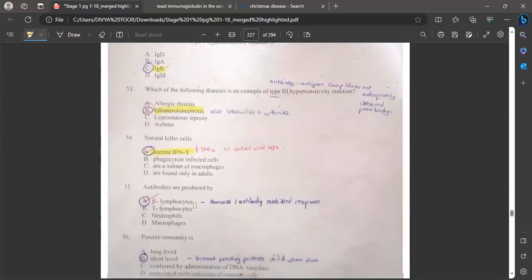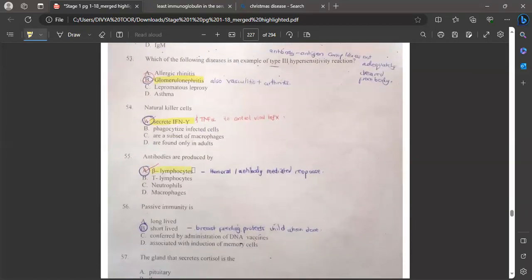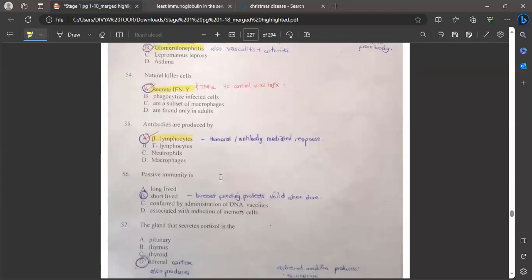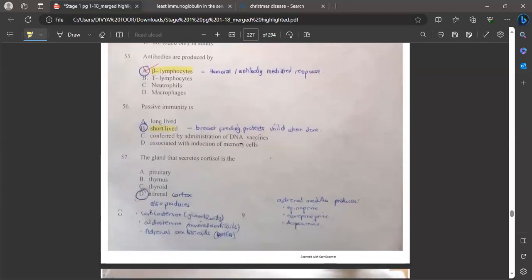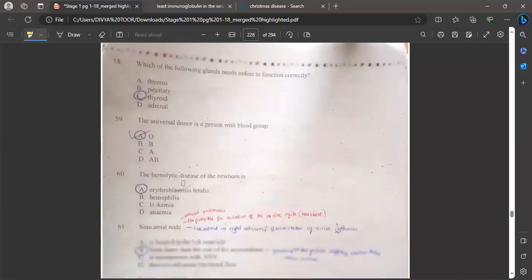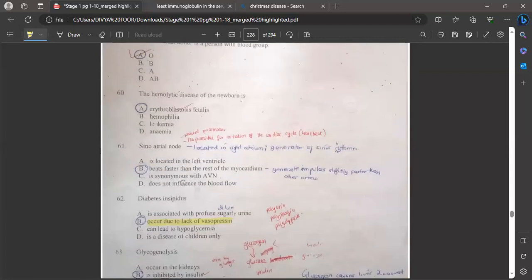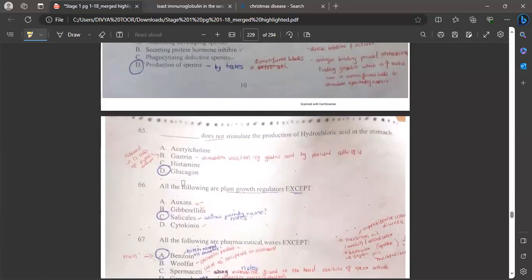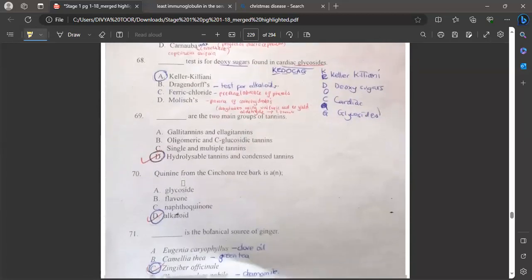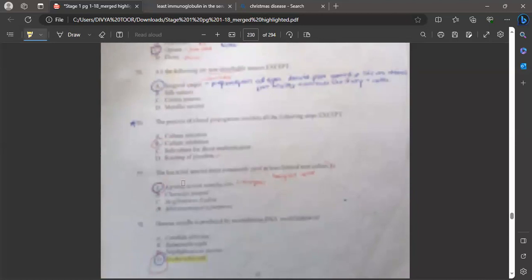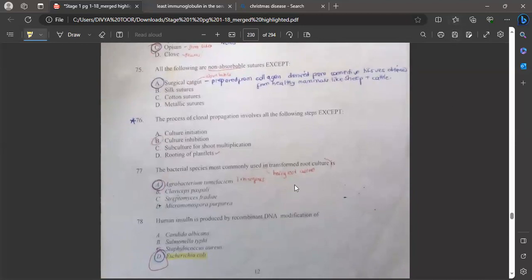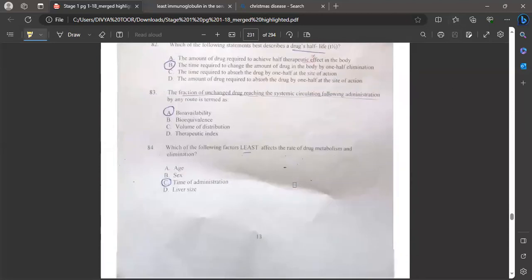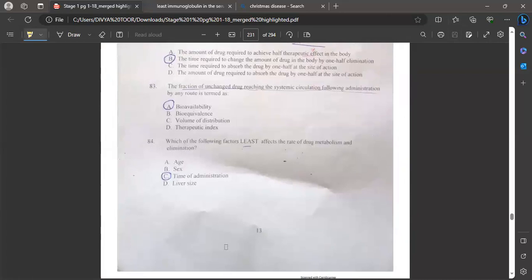I guess this is just a repeat of the paper that was badly photographed. So I guess we can stop here, or what do you think?